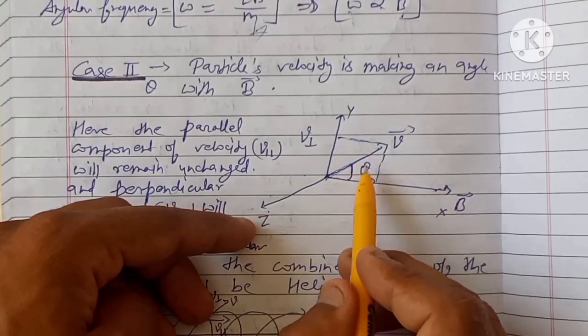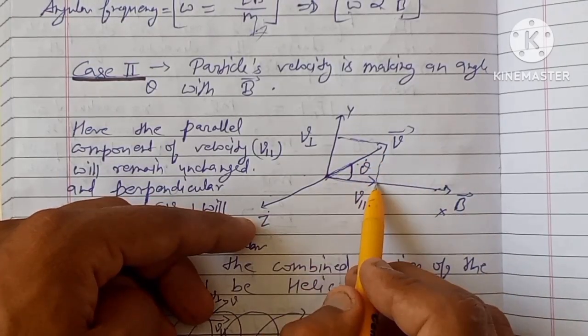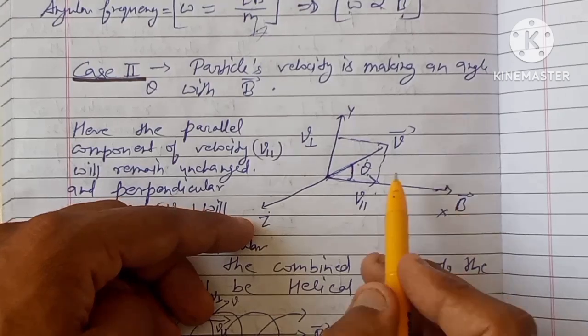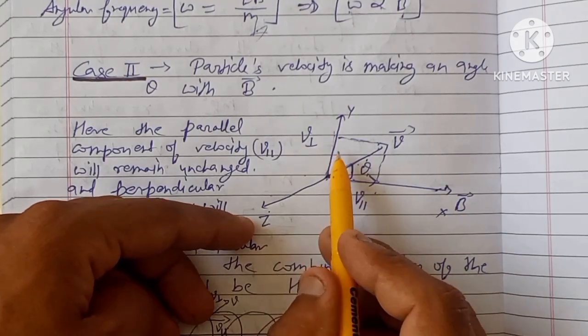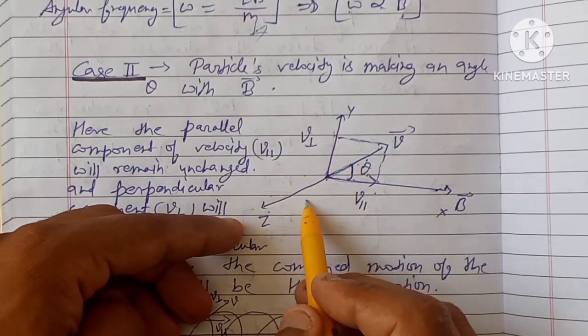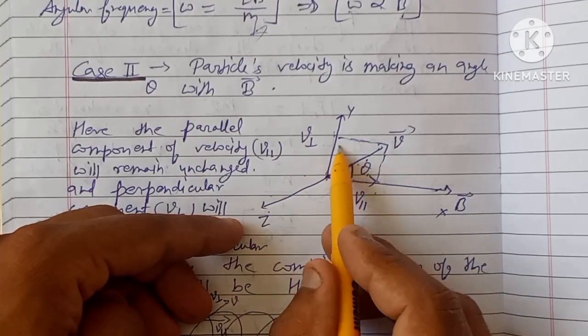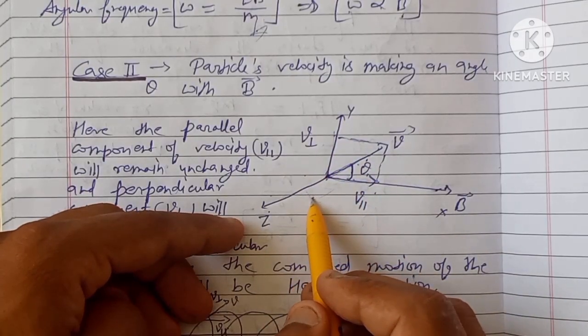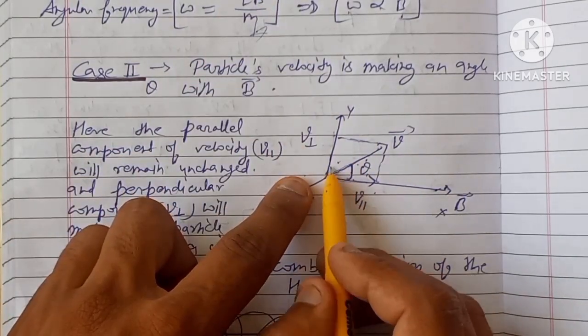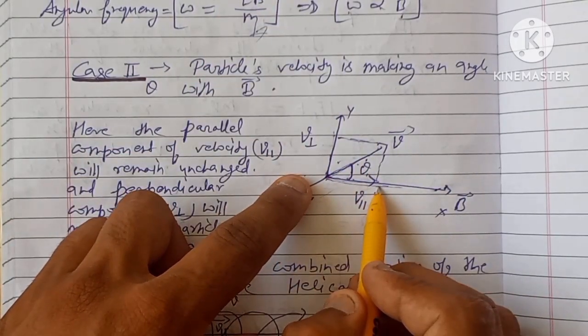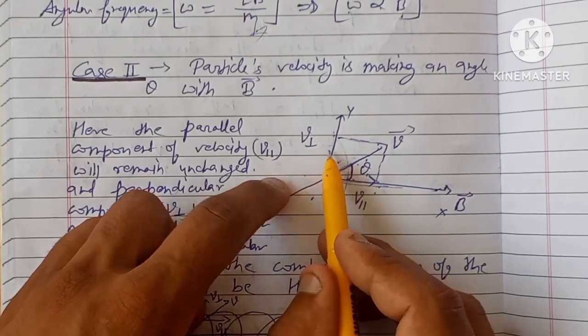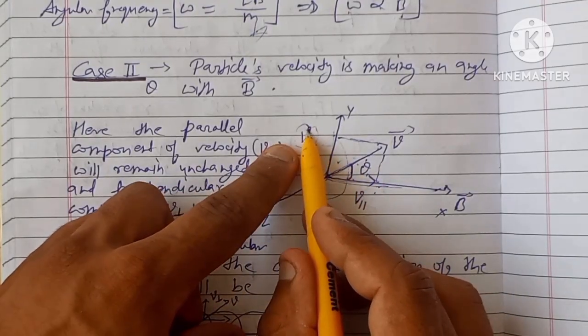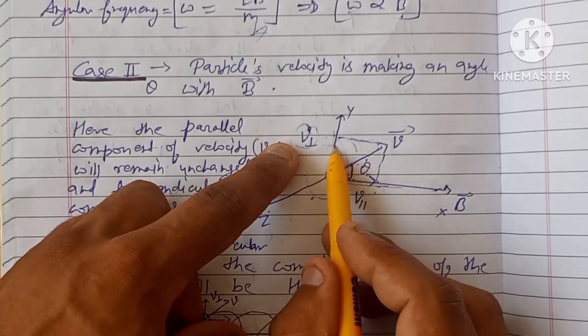If I take two components of this v, the parallel component, parallel to the magnetic field, and the perpendicular component, we know that the perpendicular component of velocity makes a circle. We have already discussed, if the velocity is perpendicular, then the particle will make a circle.